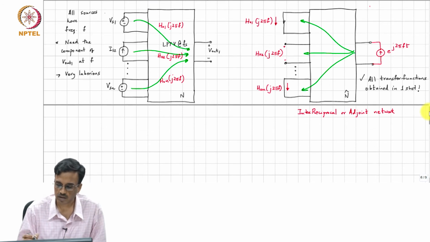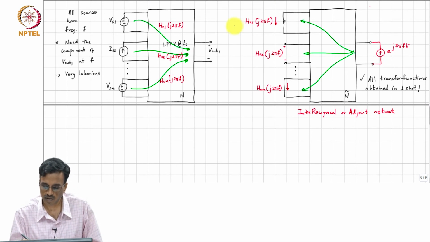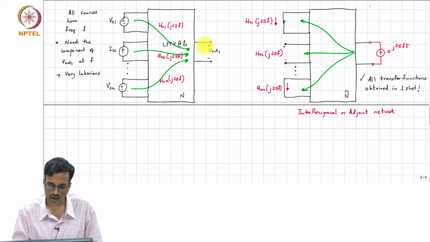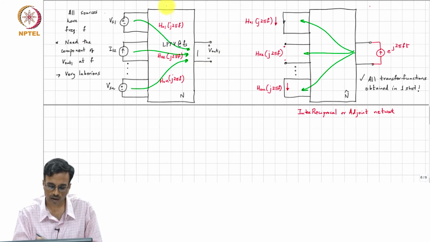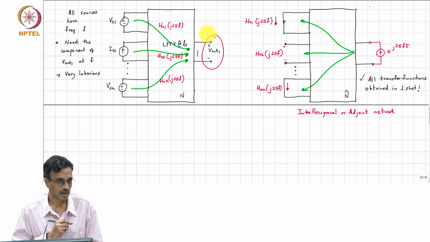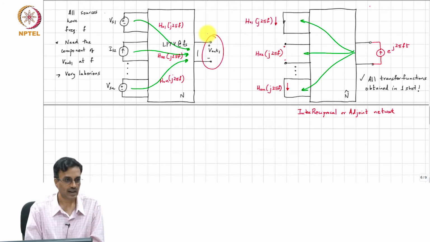So, in other words, remember the reason we are looking at the output frequency, the output voltage with a frequency component of f, right. But this is an LPTV network.